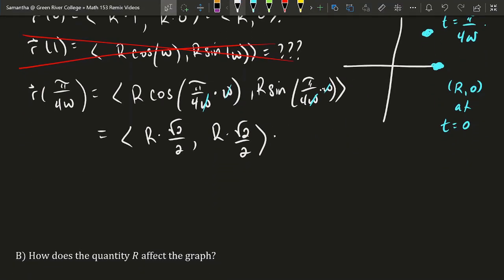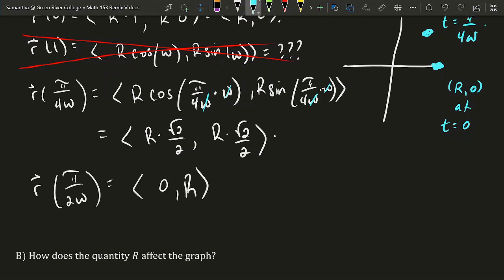By similar reasoning, if I plugged in pi over 2 divided by omega, that would correspond to the position at the top of the circle, 0, r, and so on and so forth. And it would trace out, in the counterclockwise direction, a circle of radius r.